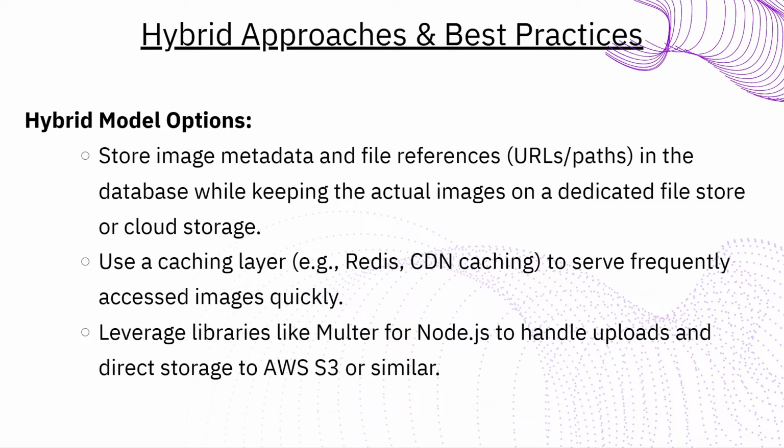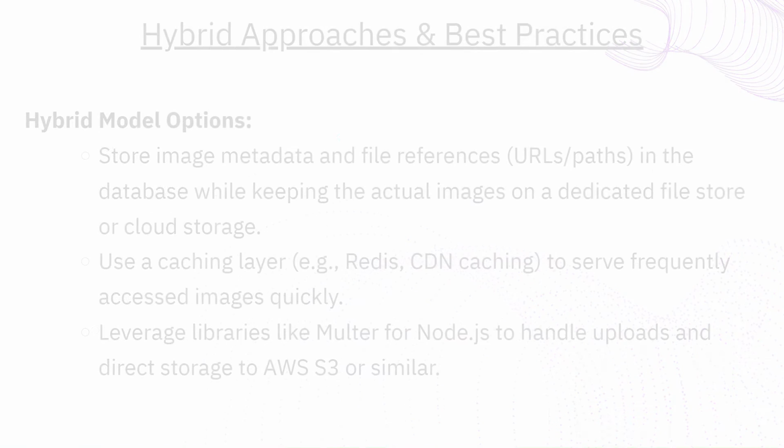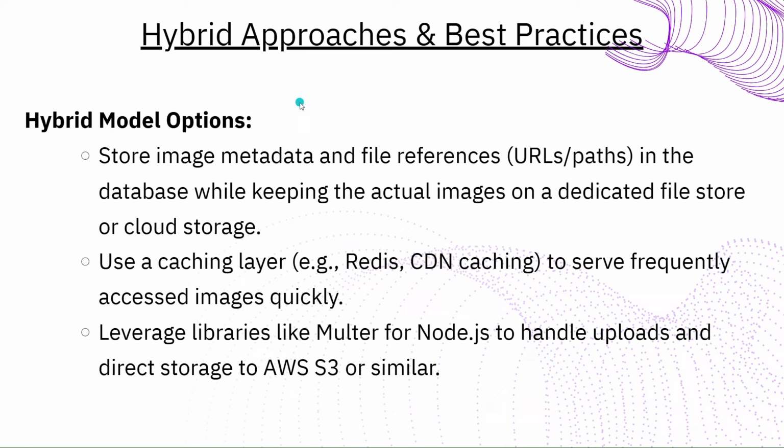But we have certain hybrid approaches and best practices that I want to discuss with you. These are the points you have to keep in mind when you are dealing with file storage. The first thing is storing image or file metadata and file references like URLs in the database, while keeping the actual file on dedicated file storage or cloud storage.